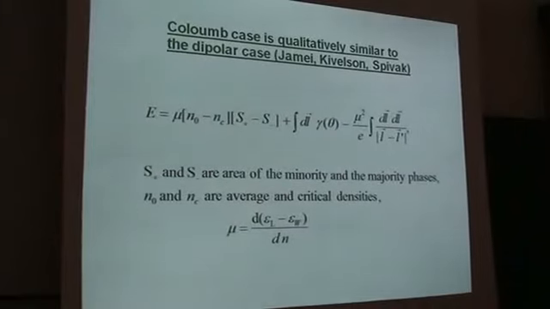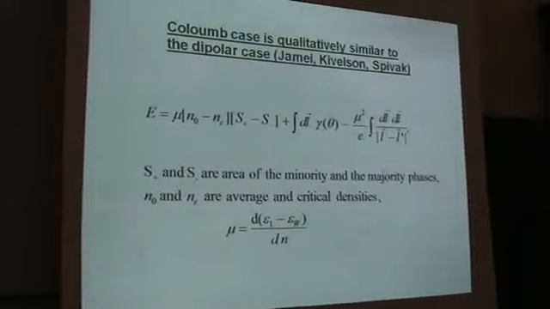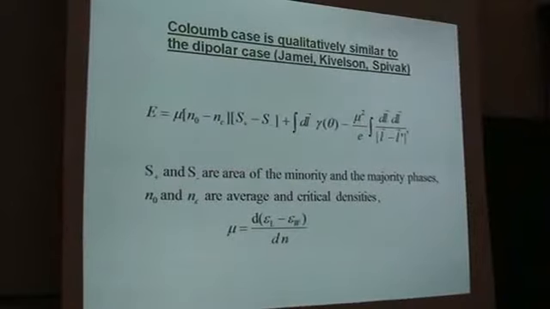So I would like to say the following, that all of this was very simple for the dipolar case. For the Coulomb case, if you don't take into account surface tension, there is no phase separation to begin with. Because if you phase separate, why do you have phase separation? Because density changes. You pay a lot of energy for density. So this phase separation for the Coulomb case happens because surface energy is negative.